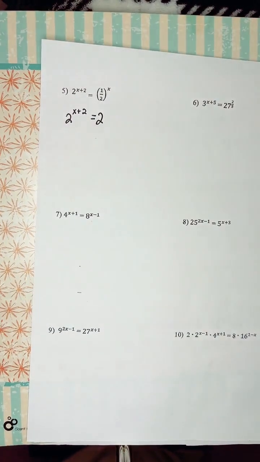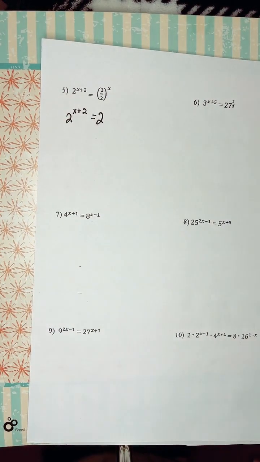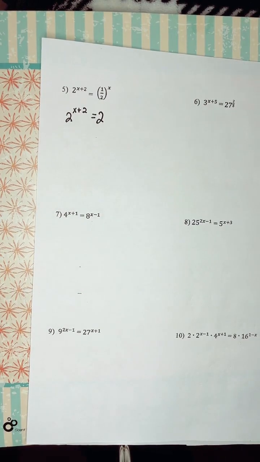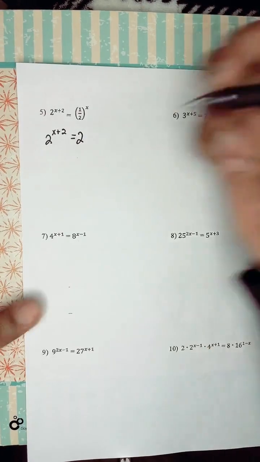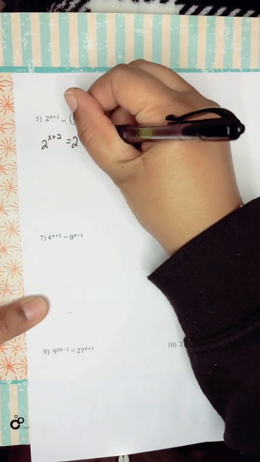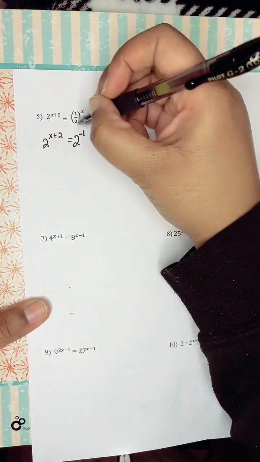Can I see it in the chat? 2 to the what? What number is going up there? It's a -1. Beautiful, you guys.